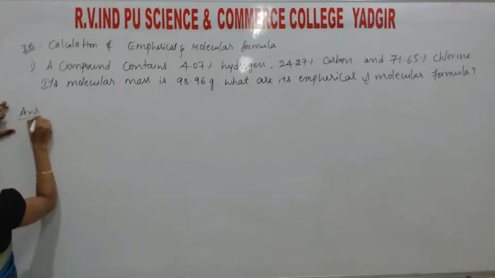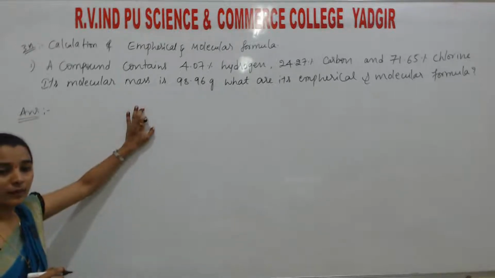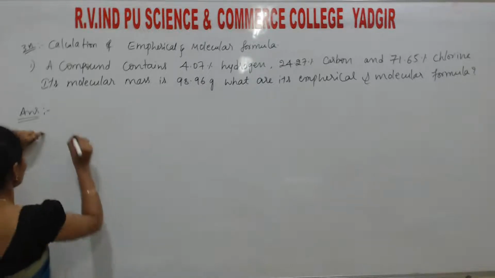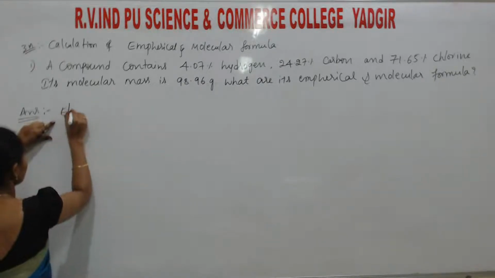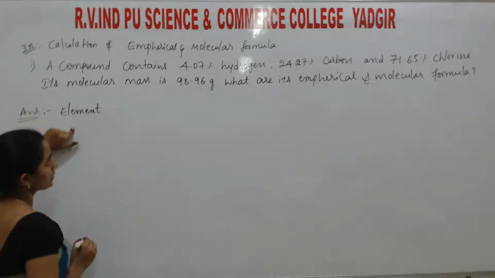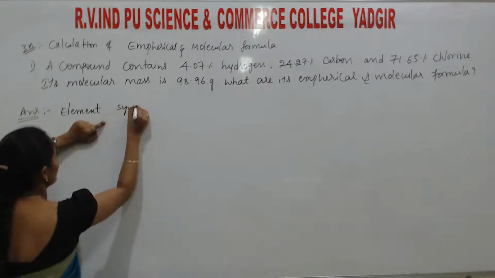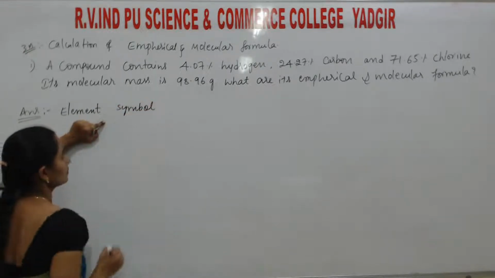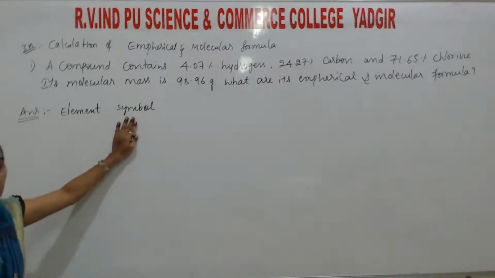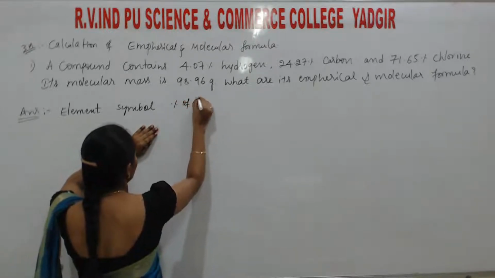How to do that? We have to write these in the form of a table. That seems easy. Okay, so first step is element. What are the elements they give? Next is symbol of element. Next, percentage of element.